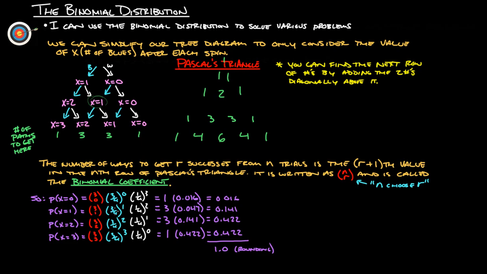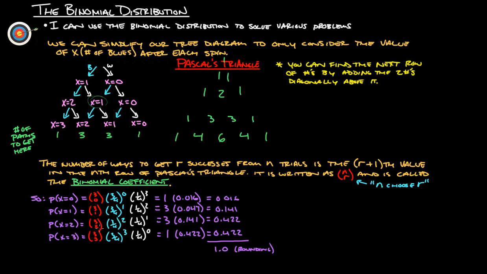So that's 1 blue, 3/4 to the 1st power, and 2 whites, 1/4 to the 2nd power. 3/4 times 1/4 times 1/4 gives us 0.047. But there are 3 possible ways for that to happen, so we take 3, the number of possible ways. That's where Pascal's triangle comes in handy. 3 times 0.047 gives us 0.141.